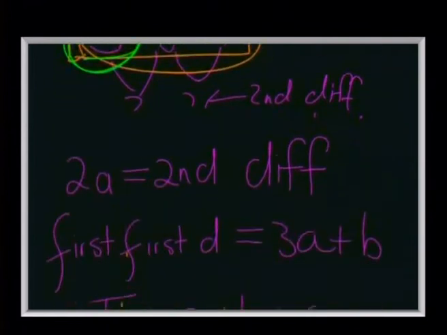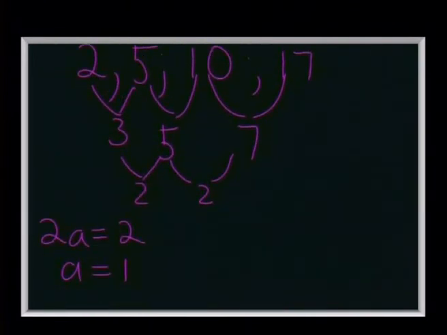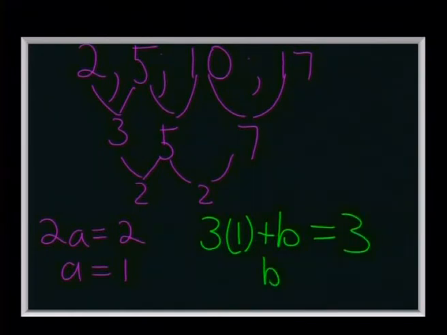So we're going to set up another equation. 3a, but we already know that a is 1, plus b is equal to the first term of our first difference, which is 3. And solving, you get that b is 0. And that's right, because when I did it my way, I got Tn is n squared plus 1. There was no bn term. So b is 0.